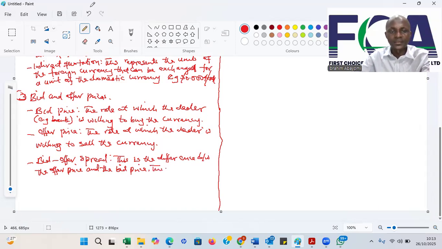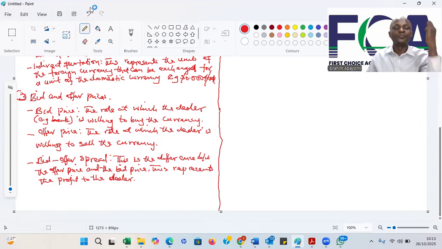This represents the profits. So it represents the profit of the dealer.